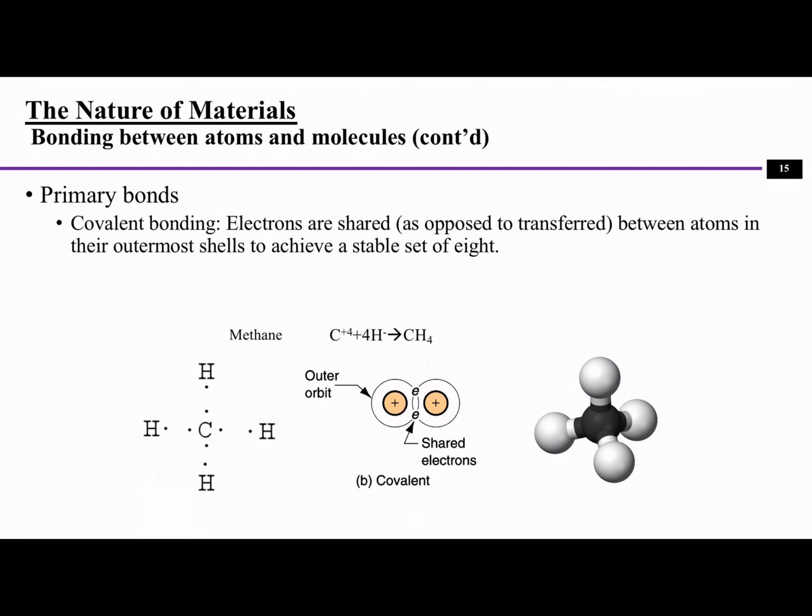For covalent bondings, electrons are shared instead of given up. Shared means both atoms use those electrons in the outermost shells to achieve a stable state. Methane is one example, right?